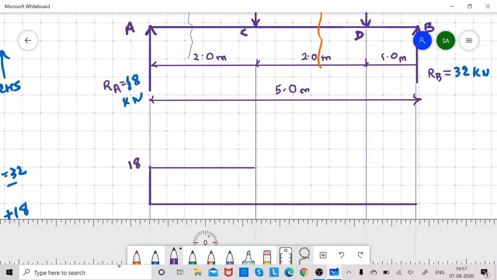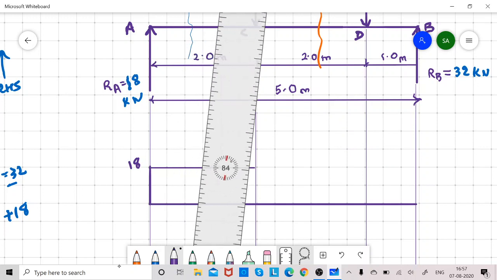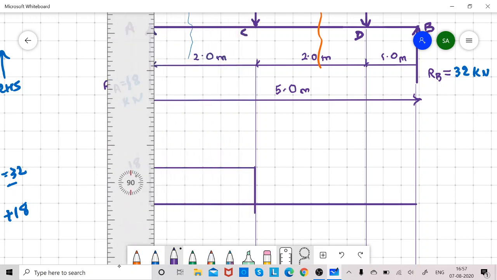At C, there is a drop of 20 kilonewton. So 18 plus, and 20 minus, because there is a downward load of 20 kilonewton. So we get minus 2 here.